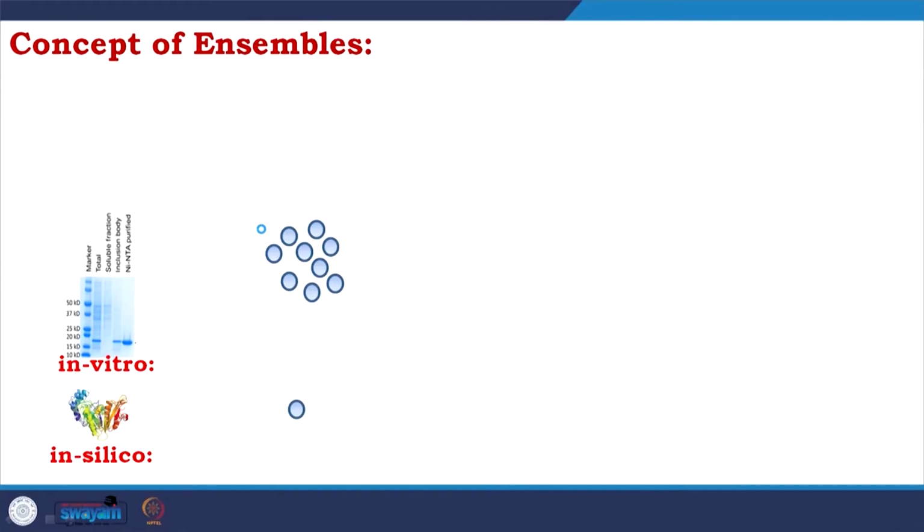So, we have taken out the in vivo system from this discussion because it is complex. I have already discussed the fact that when we are talking about the dynamic system, the MD simulation modeling, our goal is to mimic an in vitro system and not an in vivo system.